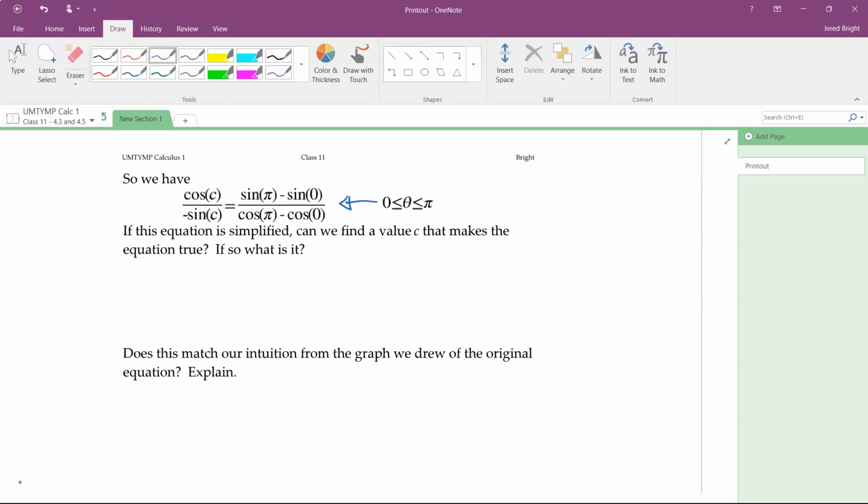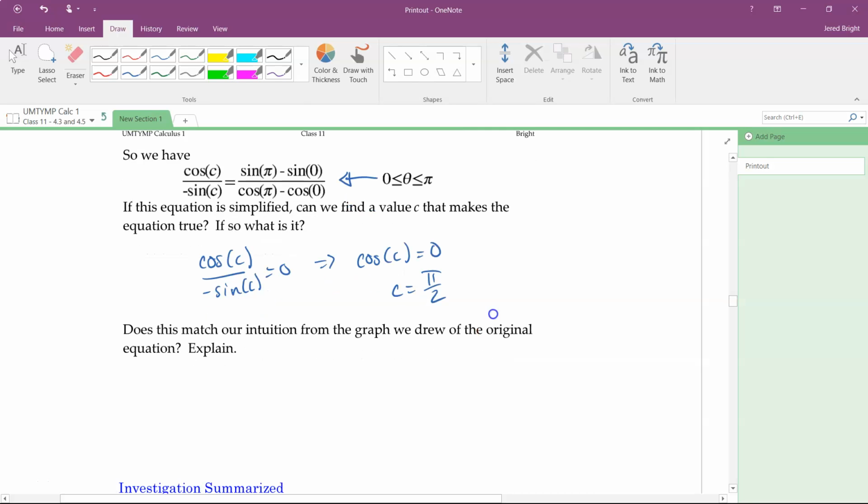And then certainly if we simplify this, we can maybe find a value of c. So the numerator on the right side is just 0, right? Sine of 0 is 0, and sine of pi is 0. So then we just get cosine of c over negative sine c is equal to 0. So then cosine of c is equal to 0, and therefore I can find that c is pi over 2.